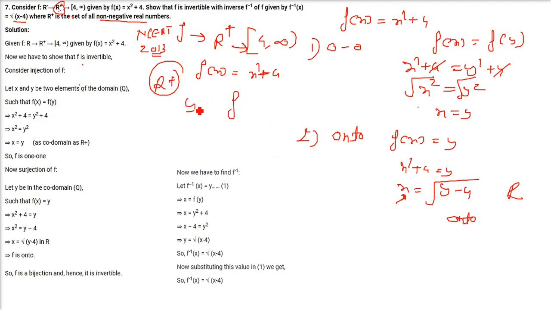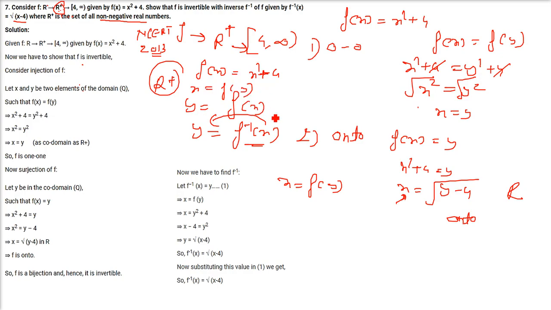Since it is bijective, f inverse exists. So y equals f inverse x. Finally, we will replace this y with f inverse x. Basically, x equals f(y) you have to do, because y equals f(x), x equals f(y), they are the inverse of each other.